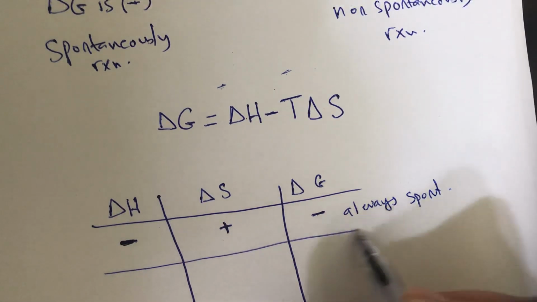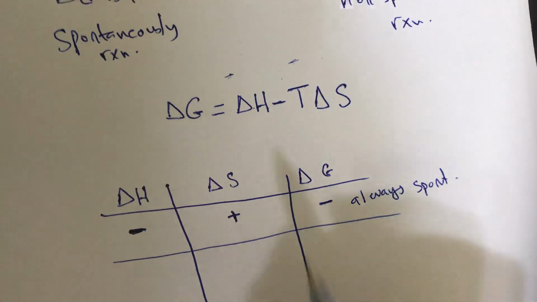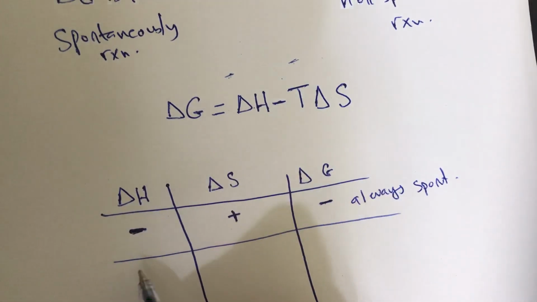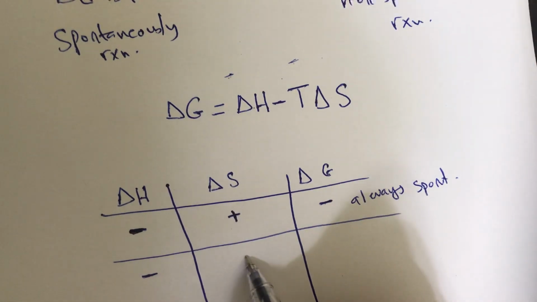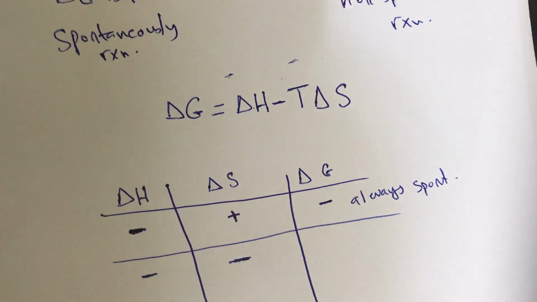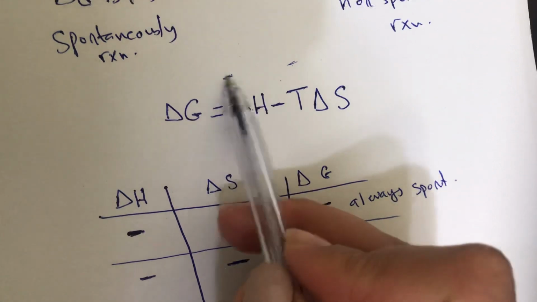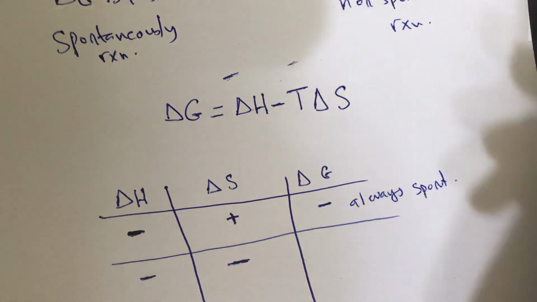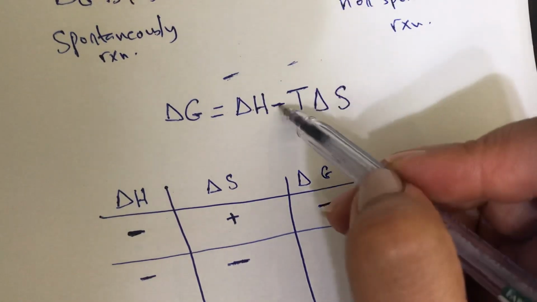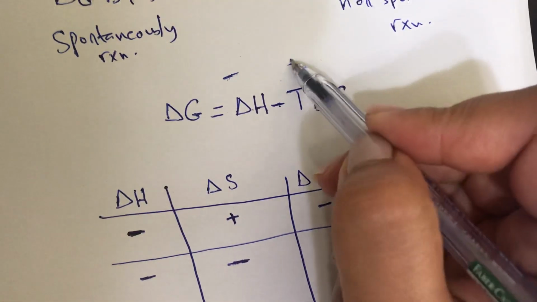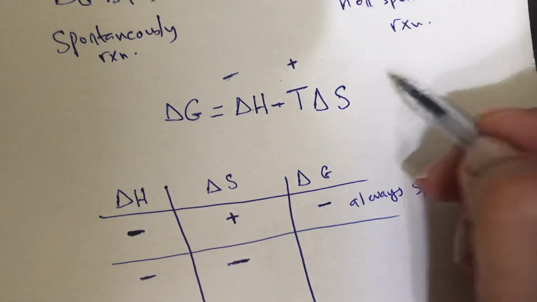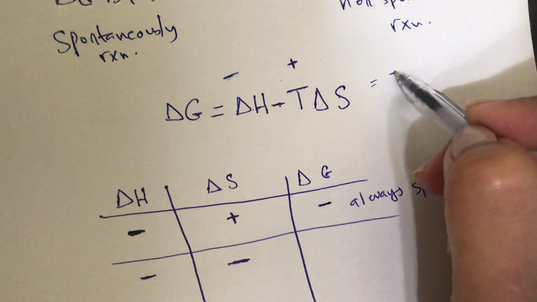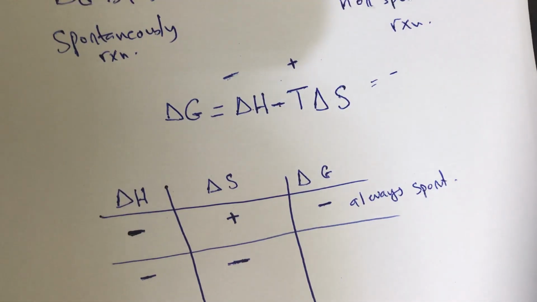Now, what about if delta H is negative and delta S is negative also? So here, delta H is negative and delta S is negative, negative, and here negative, it's positive. So in which case will the answer be negative?